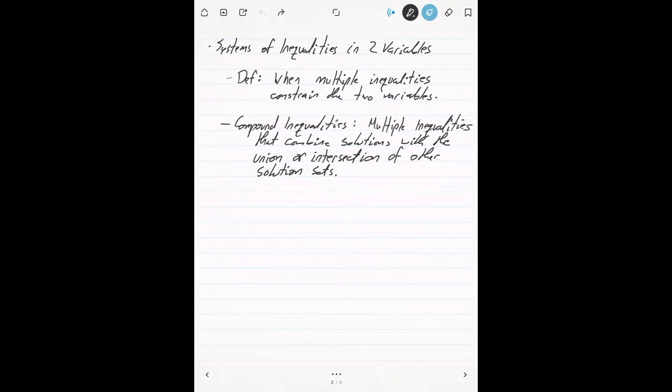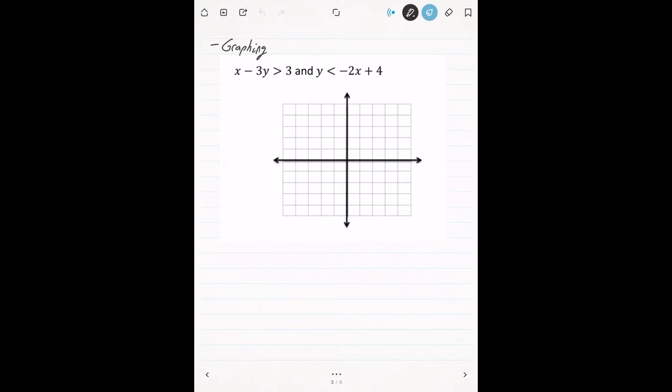What I'd like us to do now is go through a problem where we have a compound set of inequalities, and we're going to see how we can determine the solution set for the compound. First up, let's take a look at this situation here. We have two linear inequalities: x minus 3y is greater than 3, and y is less than negative 2x plus 4.